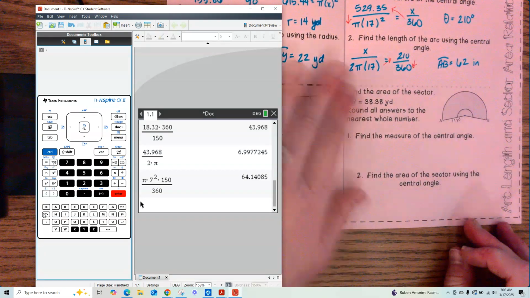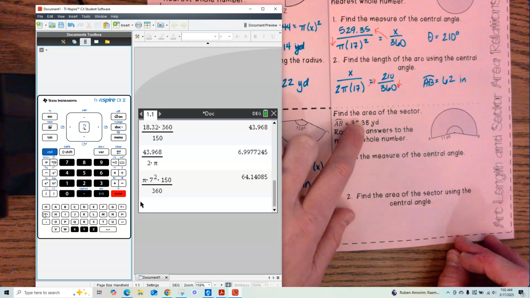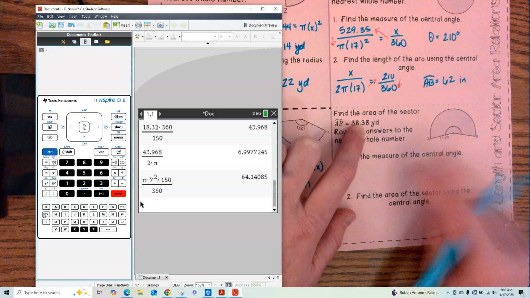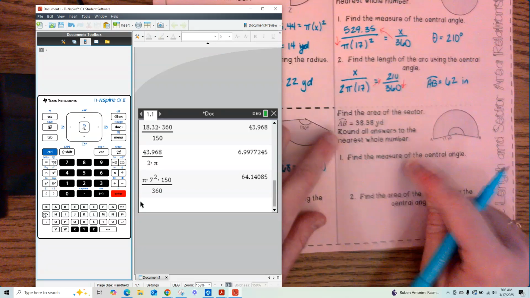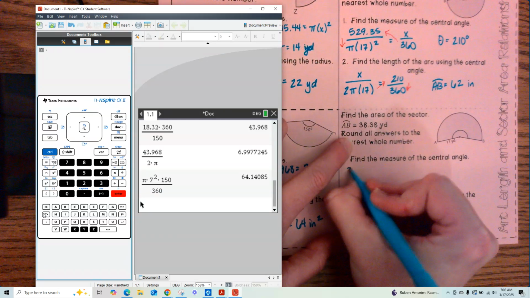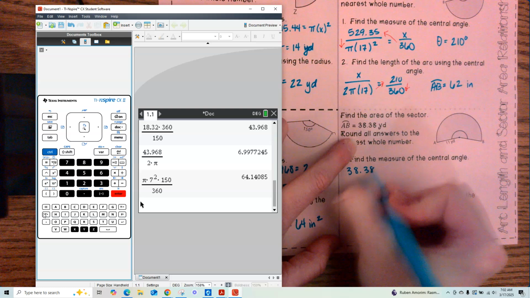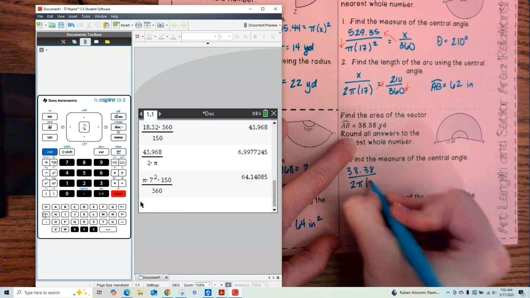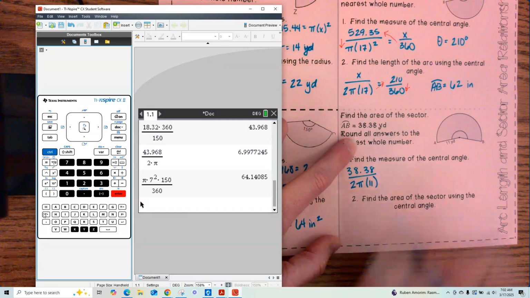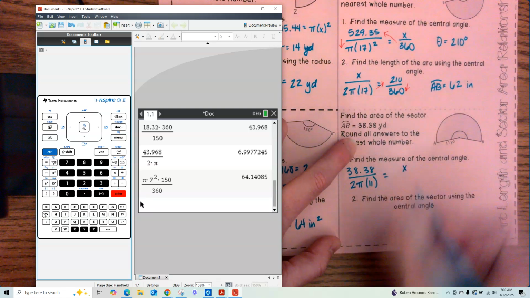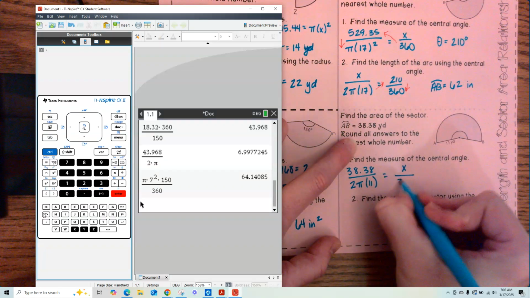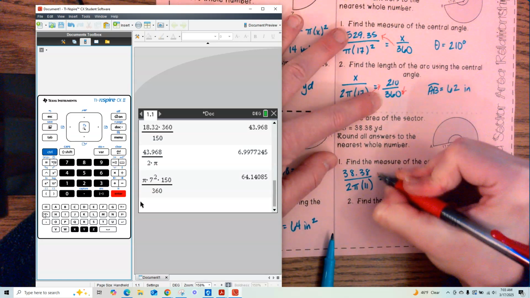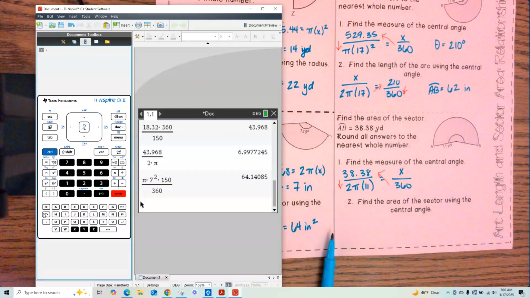Okay, find the area of the sector. So this time we again have the arc, but we've got the radius. So we're looking for the central angle. So the measure of the arc over the circumference, so 2 pi radius, equals the measure of the central angle, that's what we're looking for, over 360. So we're going to cross multiply and divide.